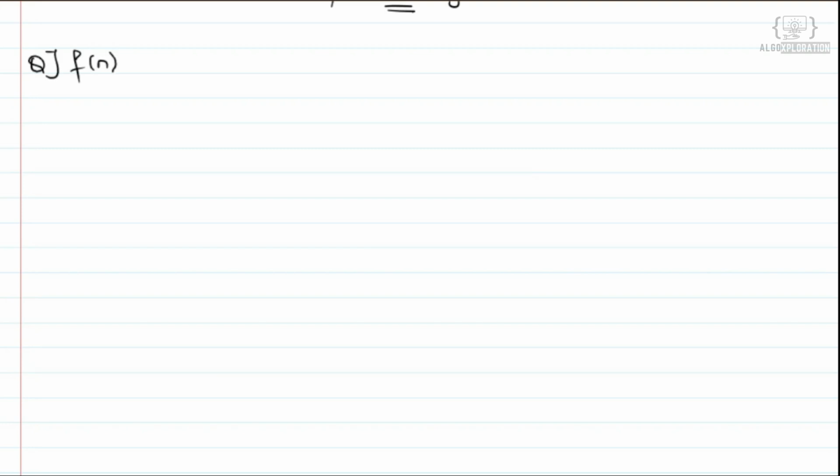f of n is equal to n square and g of n is equal to n square. By substituting in the first equation, we get n square is less than or equal to c1 into n square. Here n naught is 1 and c1 is 1.